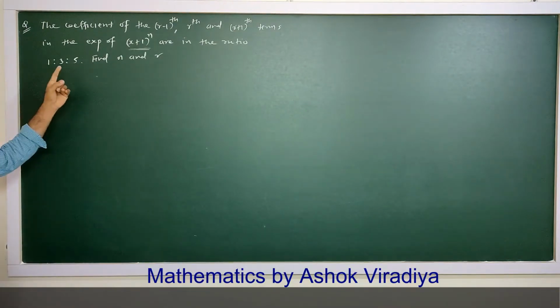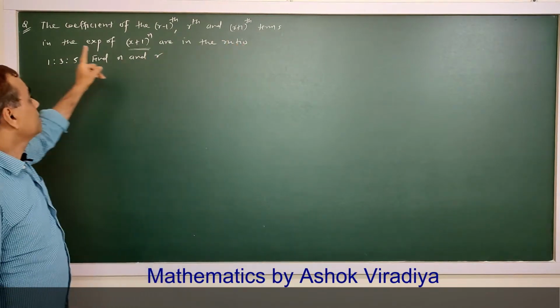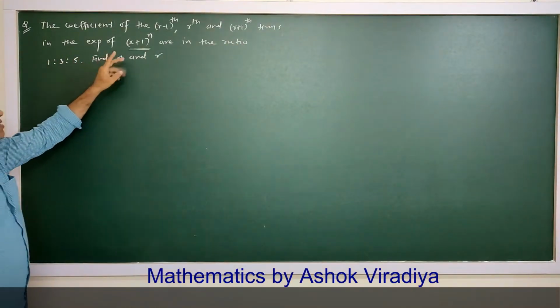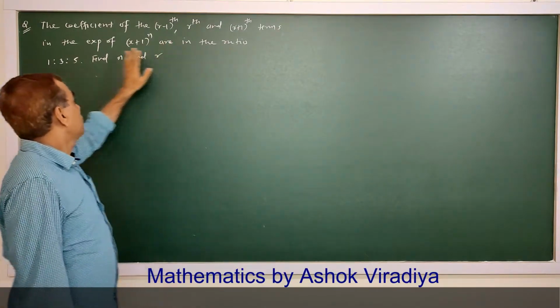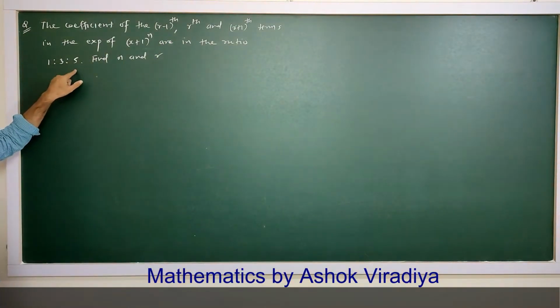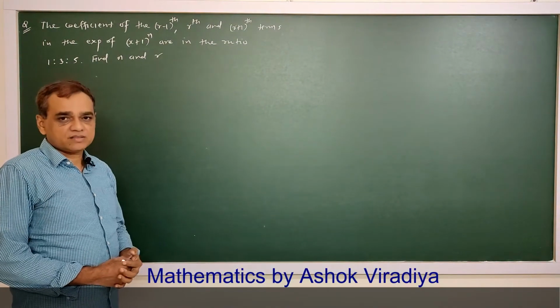The coefficients of the (r minus 1)th, rth and (r + 1)th terms in the expansion of (x + 1) raised to n are in the ratio 1:3:5. Find the values of n and r.